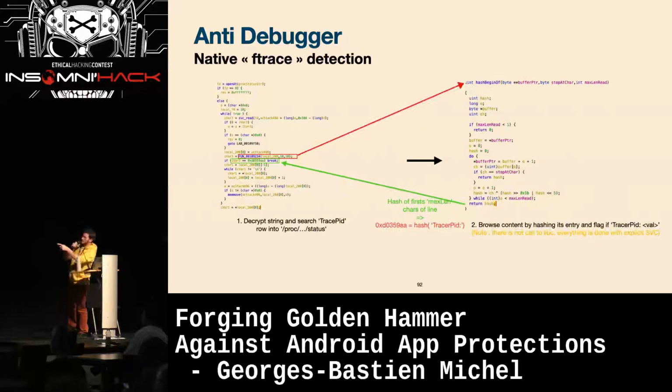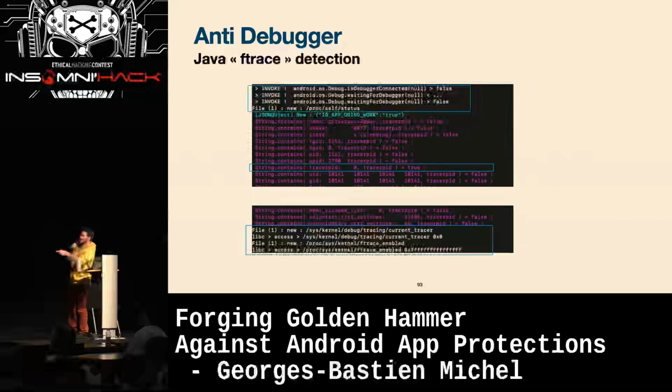I give you an example: Frida trace detection is done at native level by reading the content of proc self status files, for example, and it checks if TracerPid is above 0, and it will do the same from Java, but it will use the string contents, and it will compare the result.